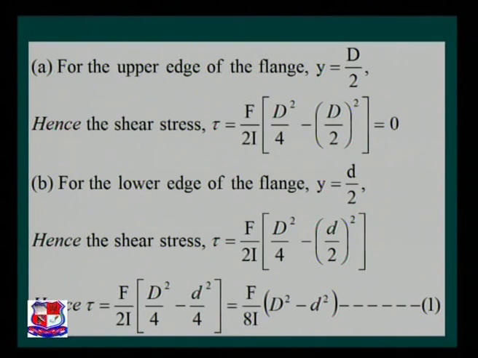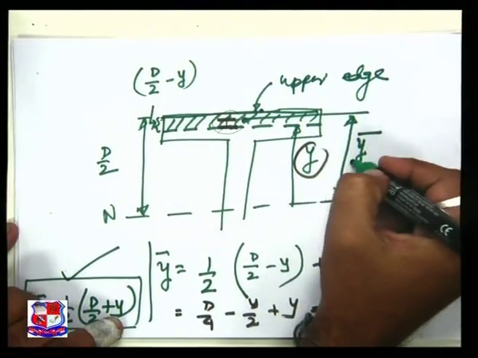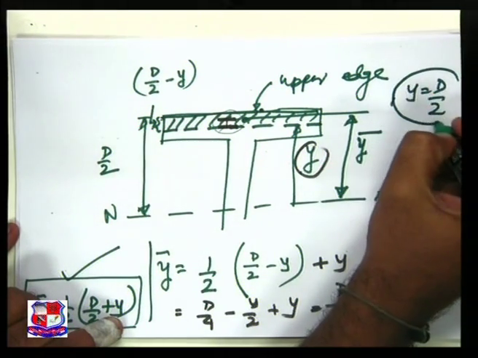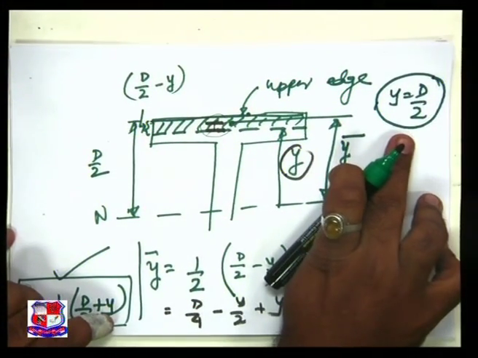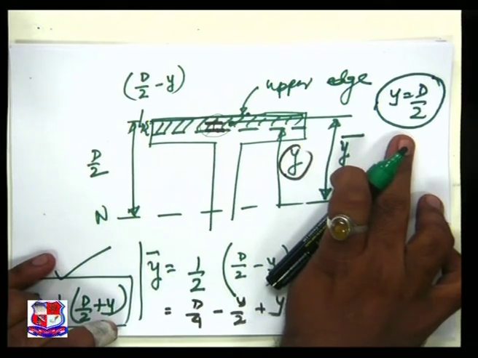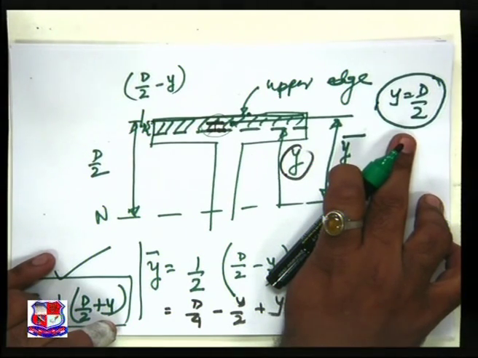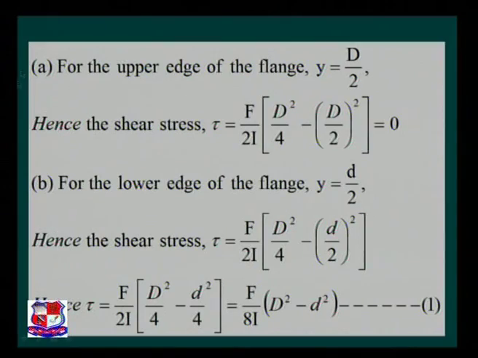Here, at the upper edge of the flange, y is equal to d by 2, and we have to substitute y equal to d by 2 in the equation tau is equal to F over 2I bracket d square by 4 minus y square. By replacing y is equal to d by 2 here, tau goes to 0.